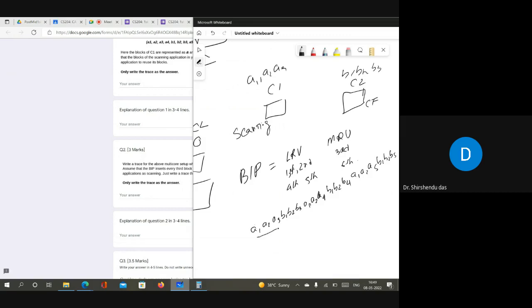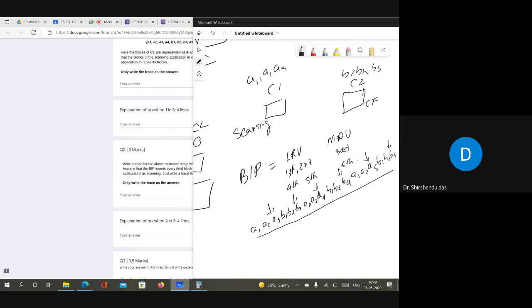You can observe that these elements A3 B3, A4 B4, A5 B5 are accessed only once. We are not repeating these blocks, but A1 A2 B1 B2 are repeating.